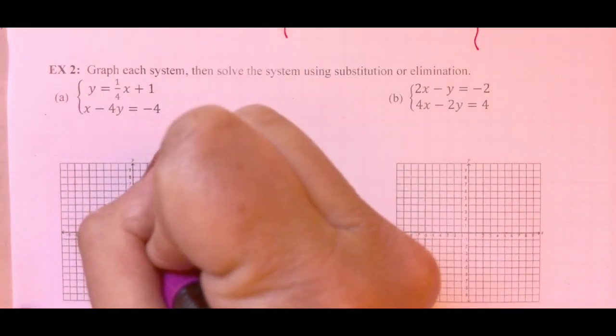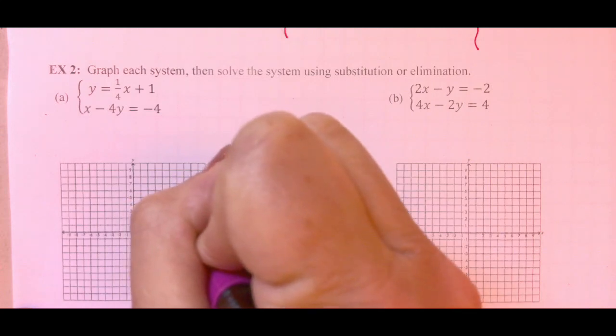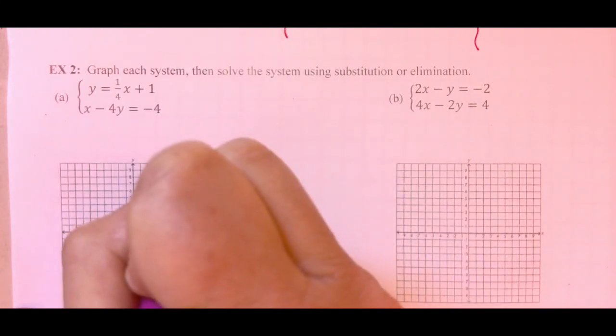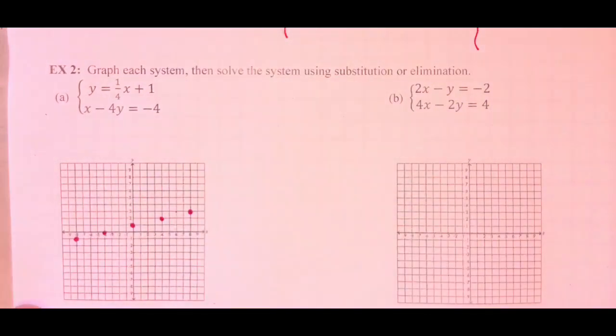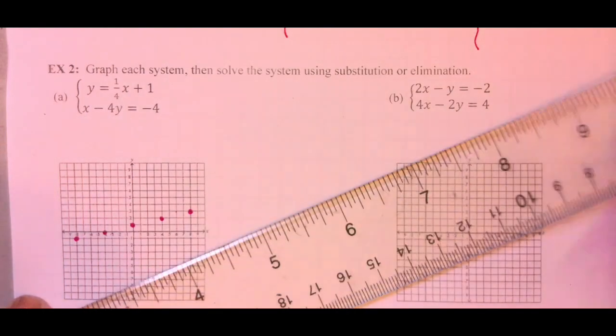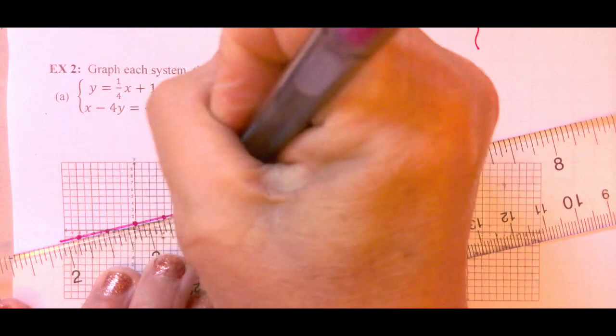So I go up 1 and right 4, up 1 and right 4. Do the same thing in the opposite direction, so down 1 and left 4. I'll give myself one more point there. So there's my first equation. Easy, slope-intercept form.